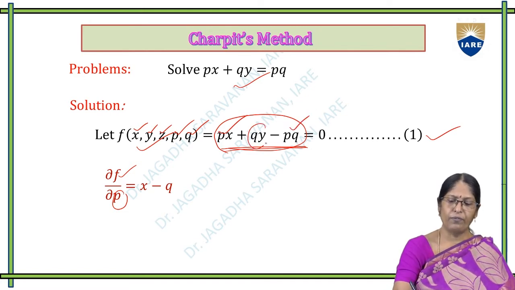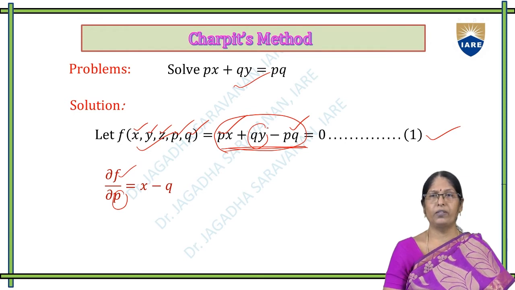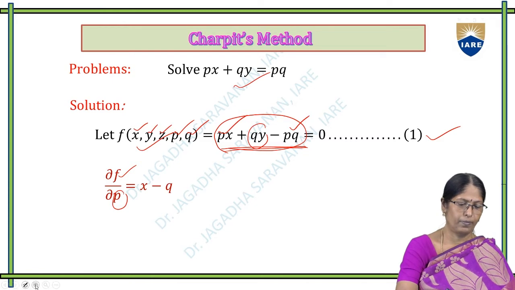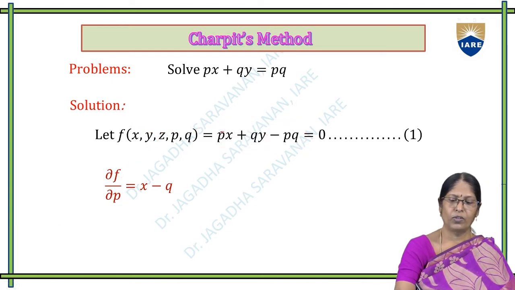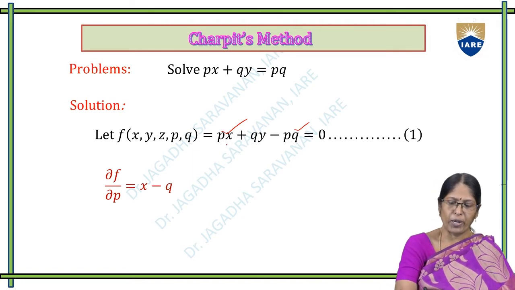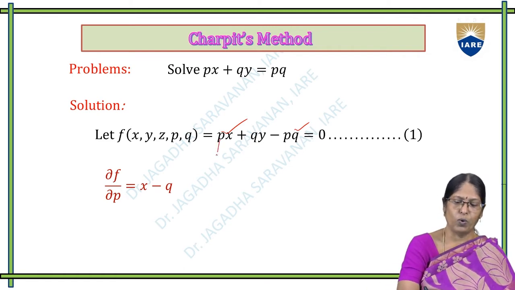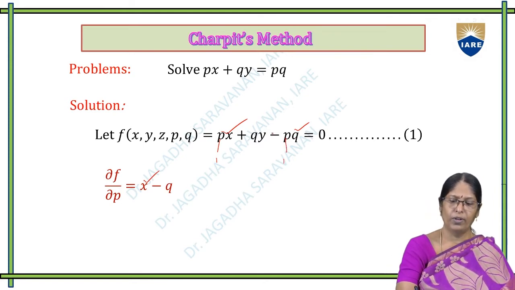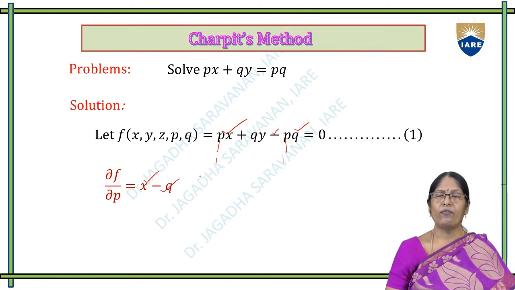The second term we will neglect because there is no p term at all. With respect to p, the derivative is 1, so 1 into x, x. Here also 1 into q, q. The minus sign is already there, so minus q. So ∂f/∂p = x − q is completed.